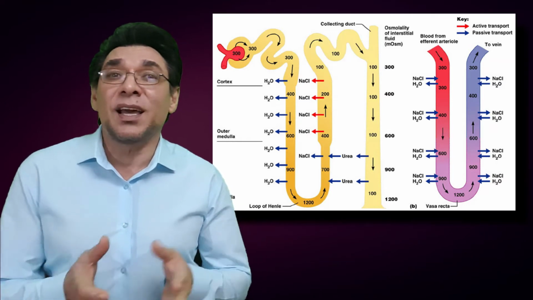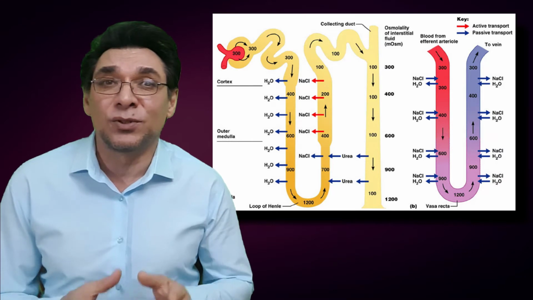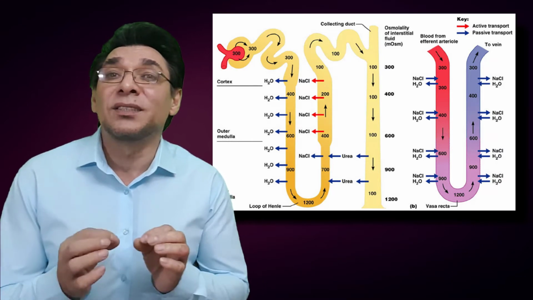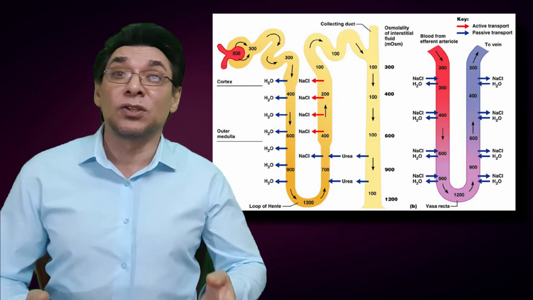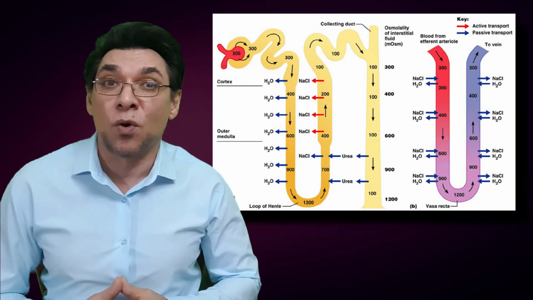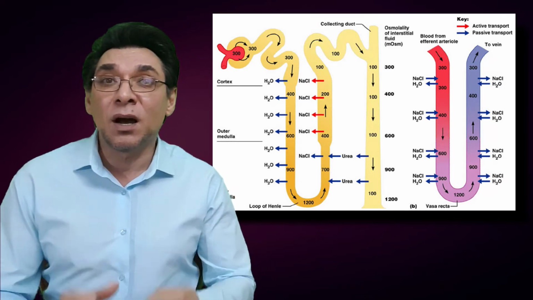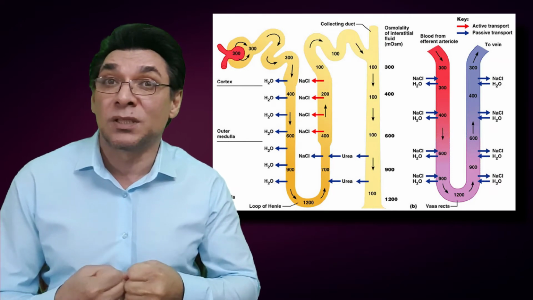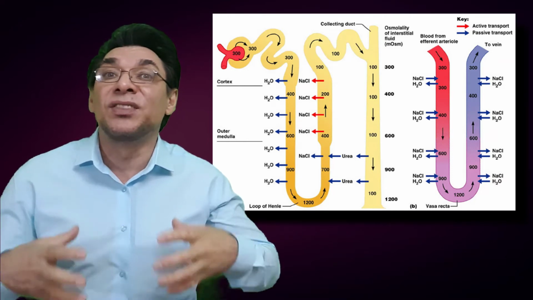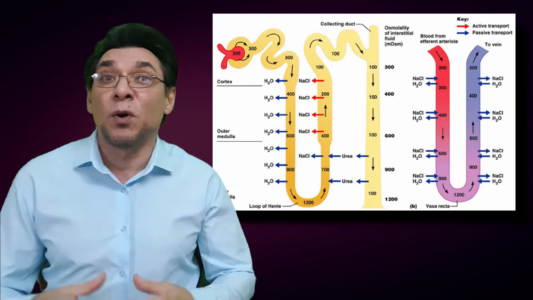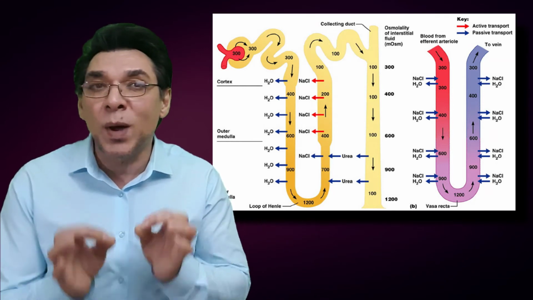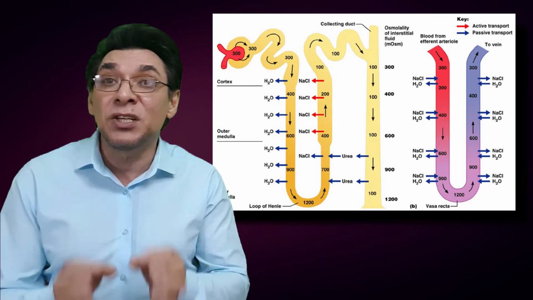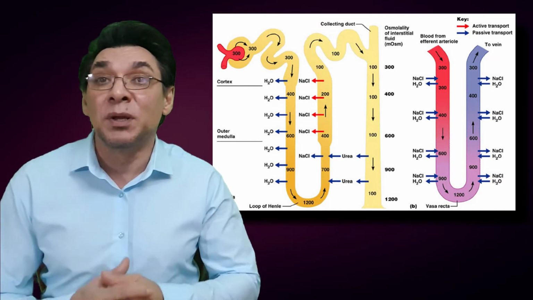As the filtrate enters the distal convoluted tubule, it's more dilute than the interstitial fluid of the renal cortex. Also, because of the volume of filtrate reabsorbed in the proximal convoluted tubule and the descending limb of the loop of Henle, only about 20% of the original filtrate volume remains.